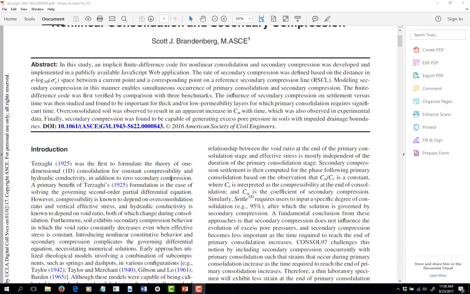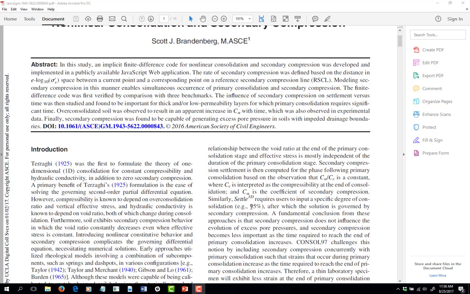So traditionally, using programs like Settle 3D by Rocscience, what you would do is say, okay, secondary compression is going to start after some percent consolidation, some average percent consolidation, like maybe 95%. Then you give it a C alpha, and it will add on a straight line in settlement versus log time space that departs from the consolidation curve at 95%.